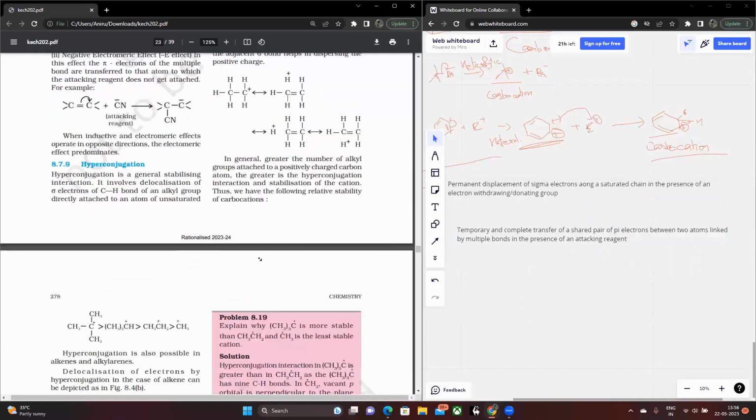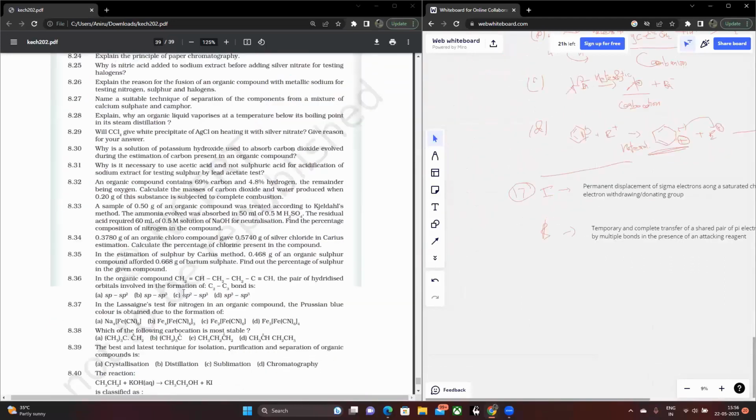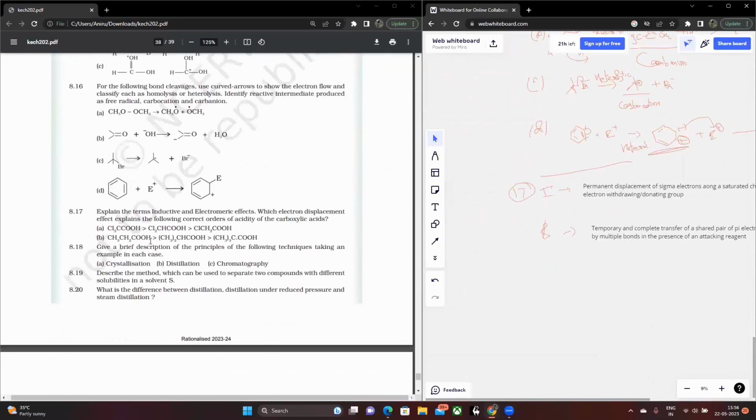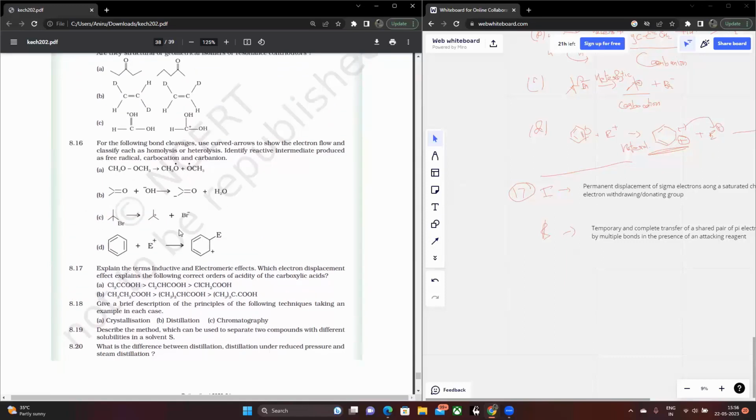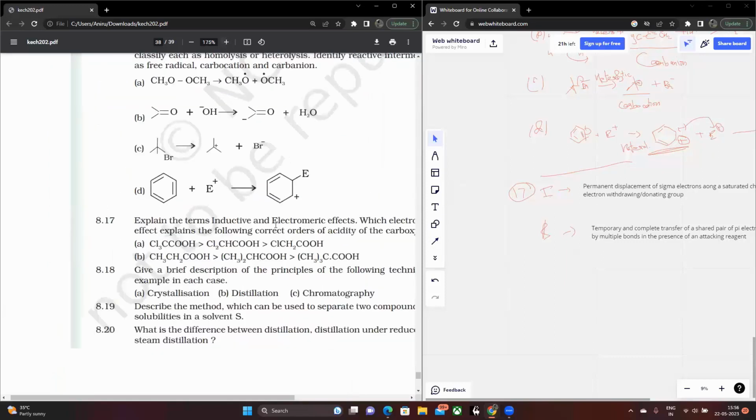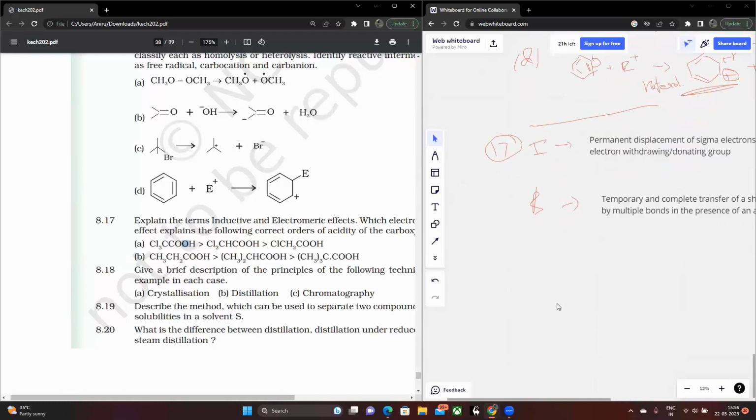And coming to the rest, electron displacement effects explain the correct order of acidity. So here you have CCl3, CHCl2, CH2Cl: three halides, two halides, one halide. Halides always undergo which effect?